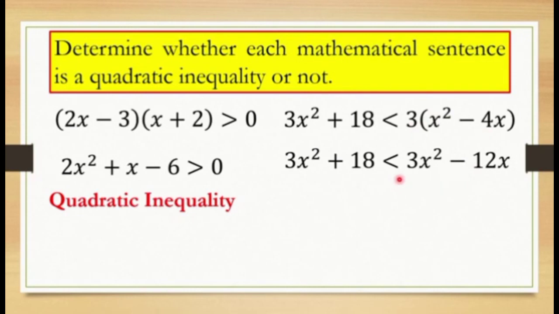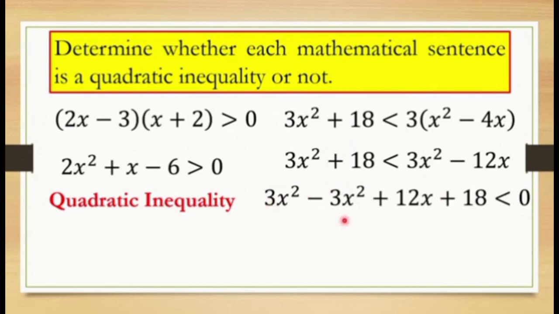So therefore, we can now transpose 3x squared. So 3x squared minus 3x squared, and then ililipat natin ang ating linear term. So, ililipat natin sa left side. That will become plus 12x. And then plus 18 is less than 0.